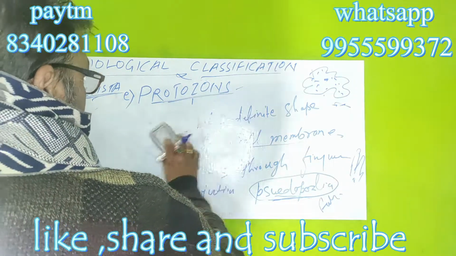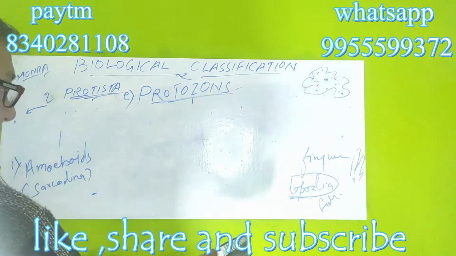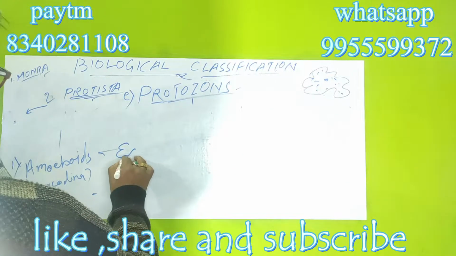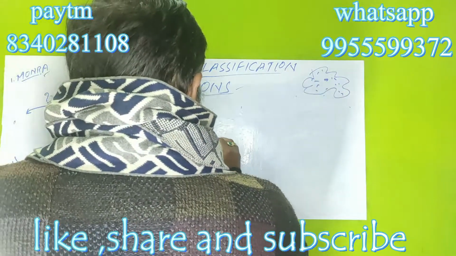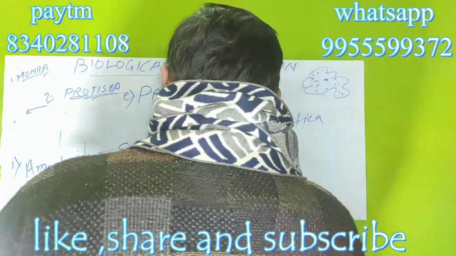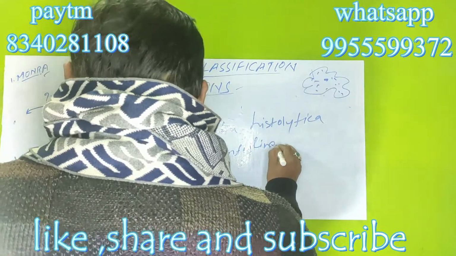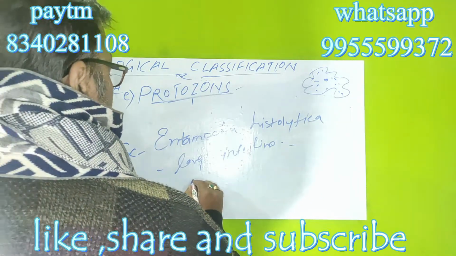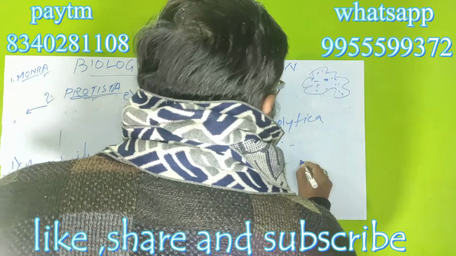The examples are Entamoeba histolytica, which is found in the large intestine of the human body, and it causes amoebic dysentery.